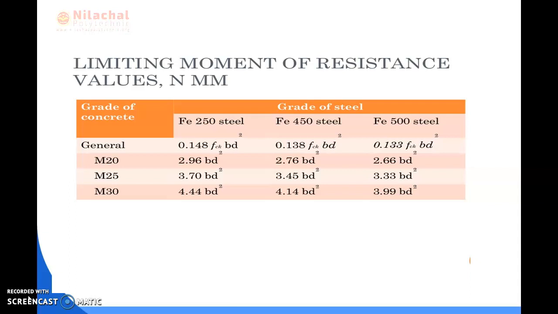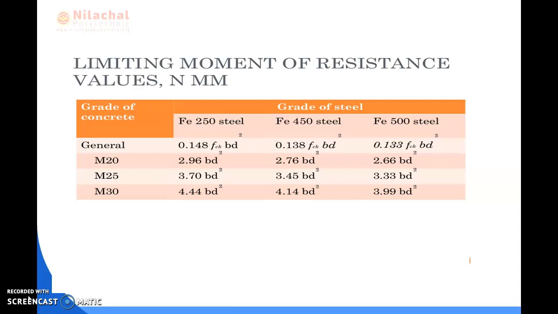So here we take the value of the limiting moment of resistance from the table given in IS 456:2000. We only need to check the values of b and d, then we can easily define the value for the particular section.